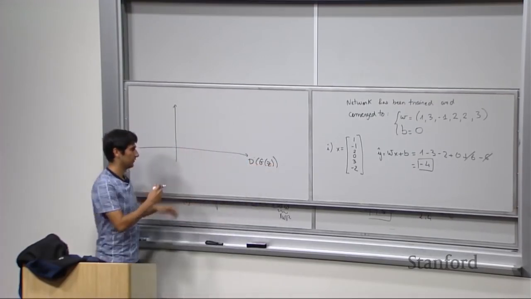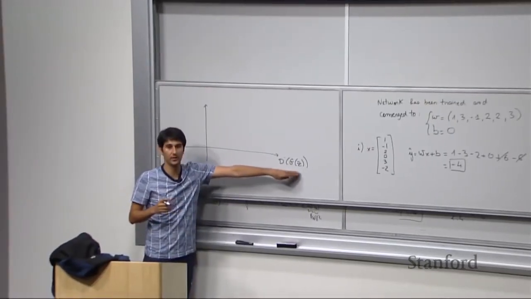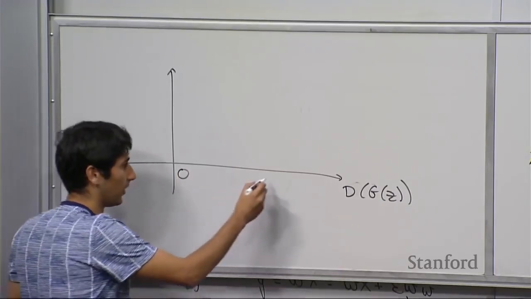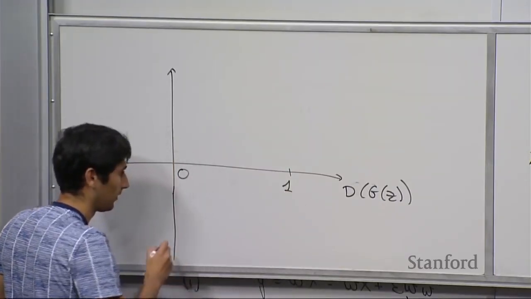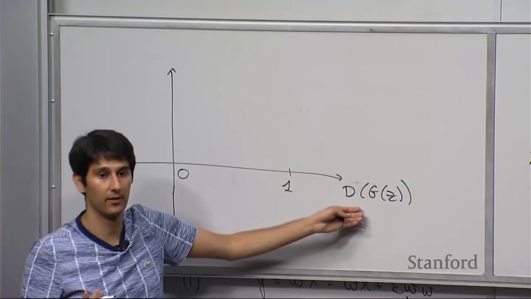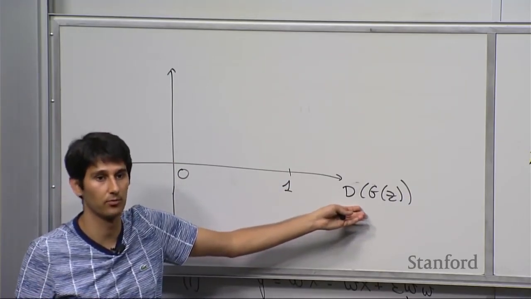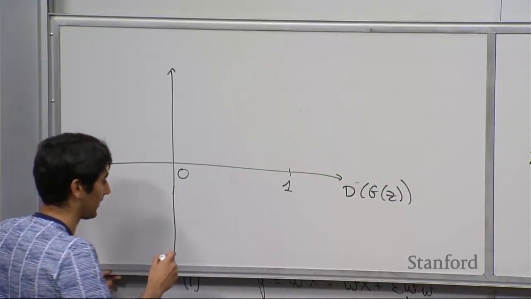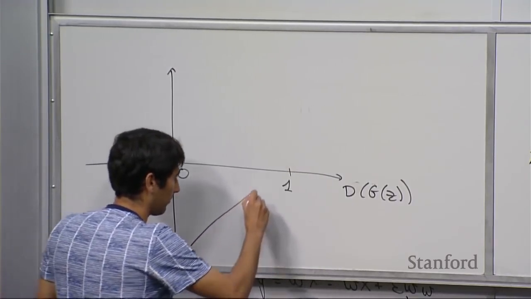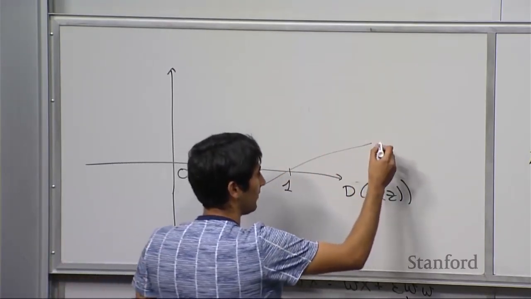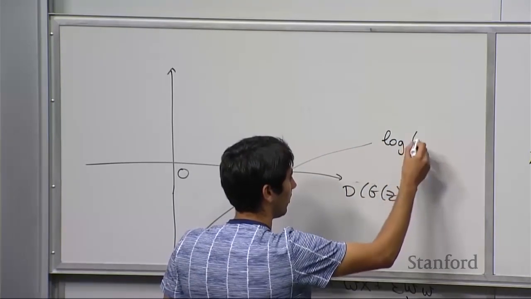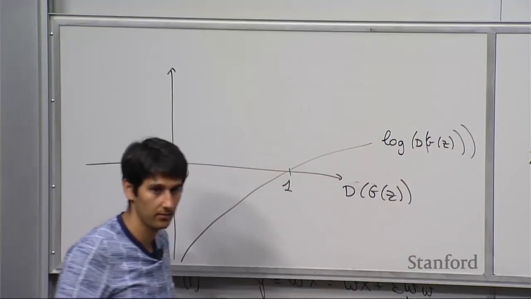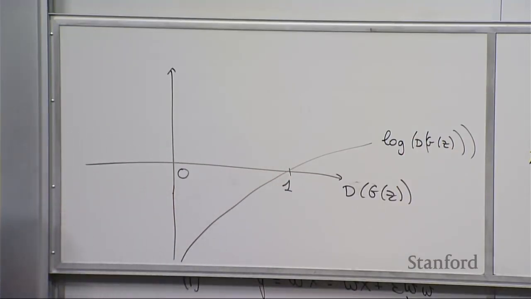This axis is the output of D when given a generated example, G of Z. It's going to be between 0 and 1 because it's a probability. D is a binary classifier with a sigmoid output, probably. If we plot logarithm of x, this type of thing would be log of D of G of Z. Does it make sense? It's a logarithm function.